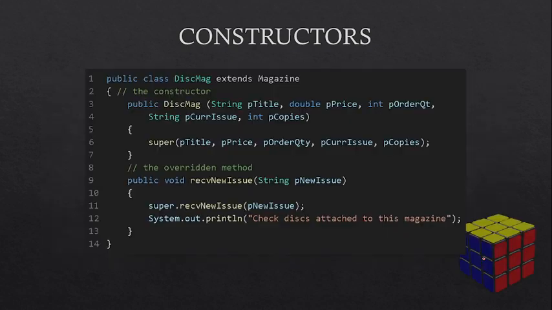So amo na ni ang overridden method ta. Although this receive new issue is present man to sa magazine ta, we are implementing a new one, so this new line of code we implement is this one: check disks attached. So wala ni siya sa magazine nga receive new issue.